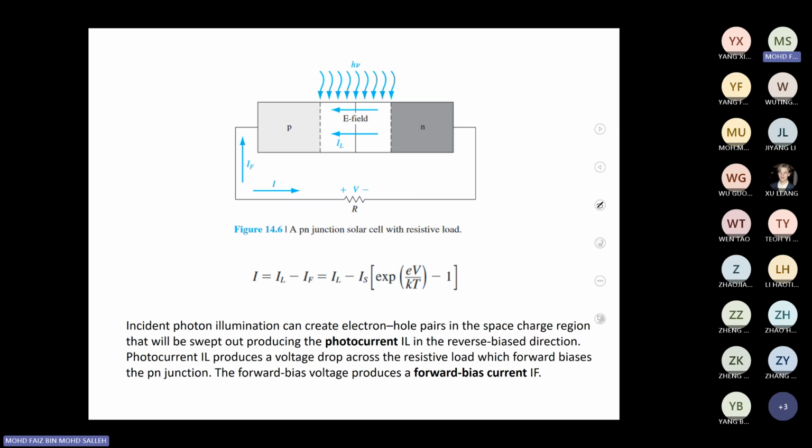Photon energy, hν, depends on the frequency. You apply the photon energy to the PN junction. You can do an experiment like this, and then you connect some load and measure the current. And you can see the current starts to flow.